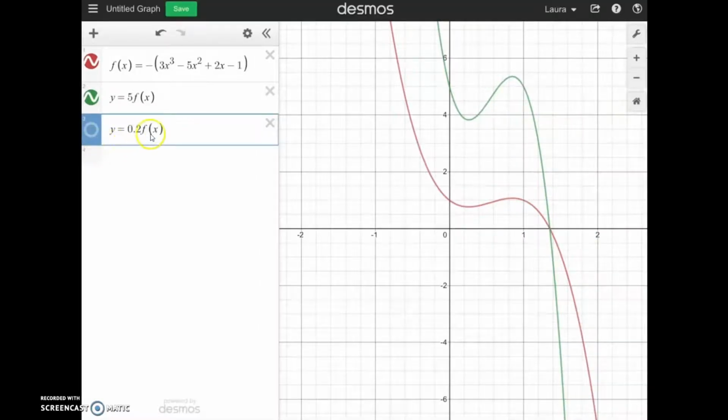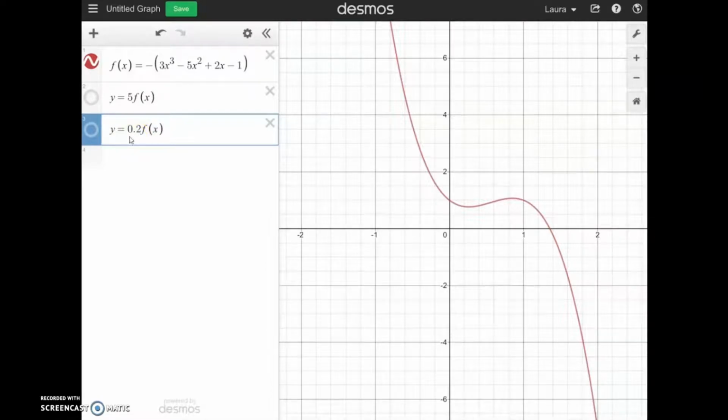Now we're going to multiply f of x by 0.2. This is a number that's smaller than 1. It's 1/5. What would you think will happen to, remember the red graph is the original function. In fact, let's take off the green graph for right now. So when we do this, we're multiplying, this is some sort of vertical thing happening.